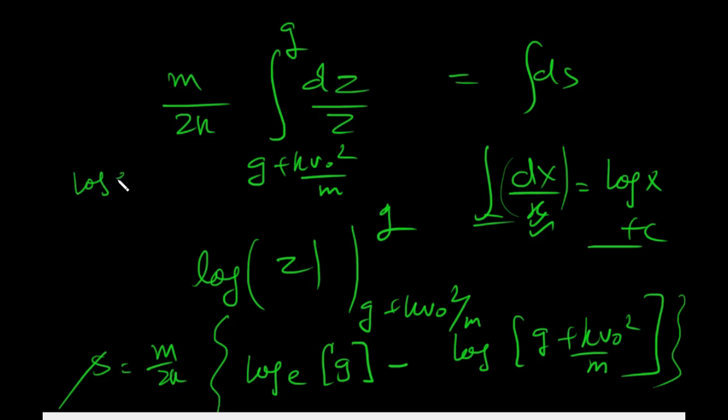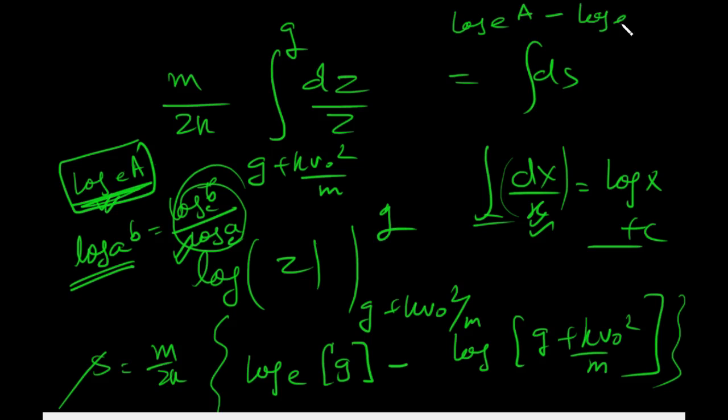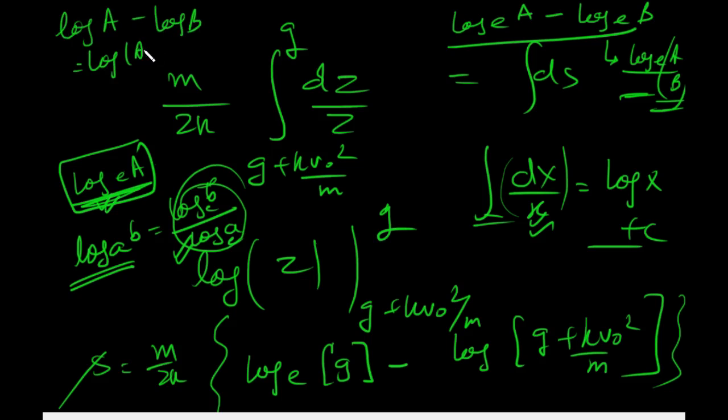So you see, log e A. What is log e A actually? Log e A is a standard form. For example, if I say what is log base A of B? It is log of B divided by log of A. Also, log e A minus log e B we can write as log e of A by B. So log of A minus log of B is written as log of A over B. Remember this.